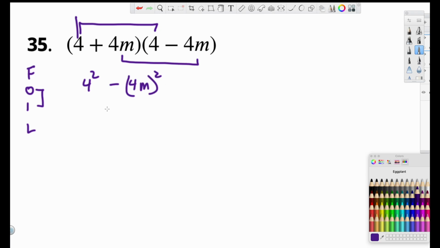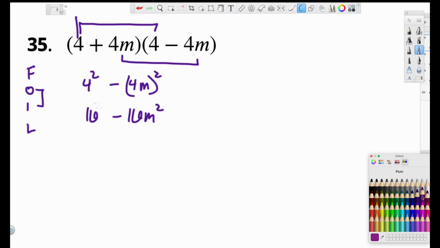And we end up having the difference of 2 perfect squares. So in this case, sorry, I didn't mean to write the 2 here. Let's get rid of that 2. Erase it. So we would get 16 minus 16m squared.